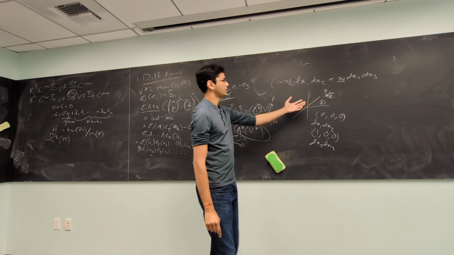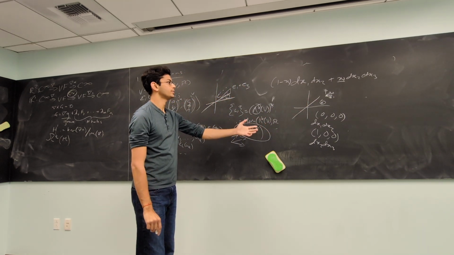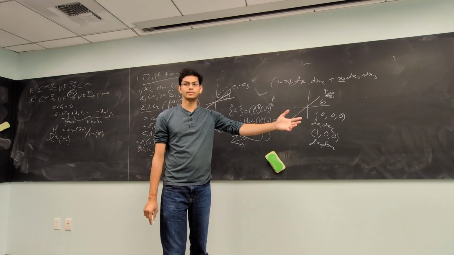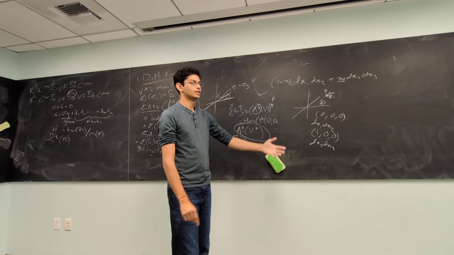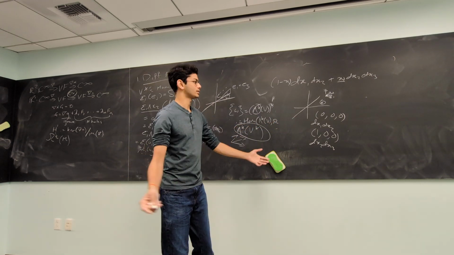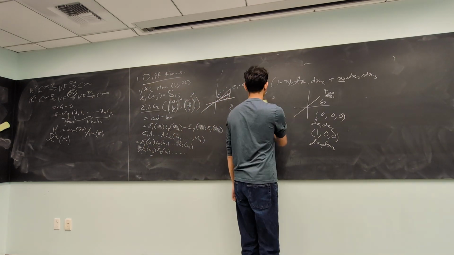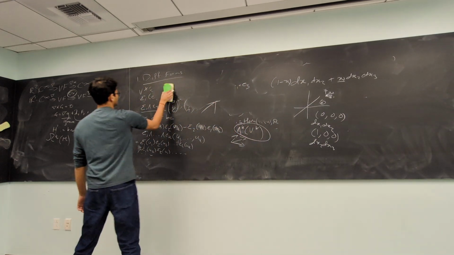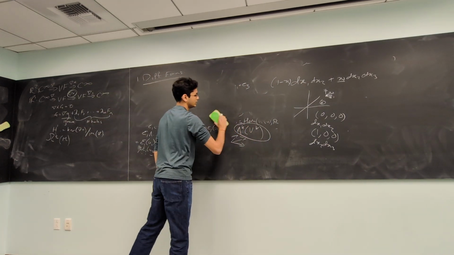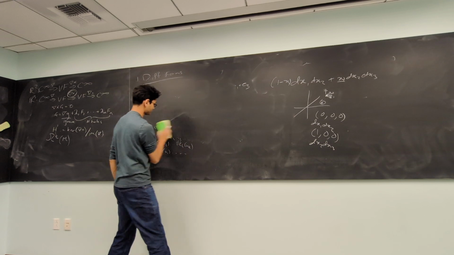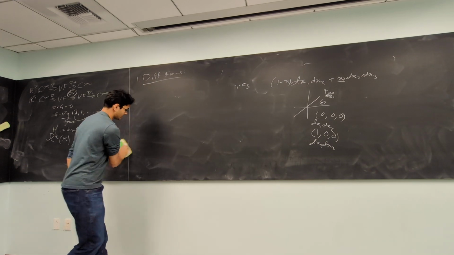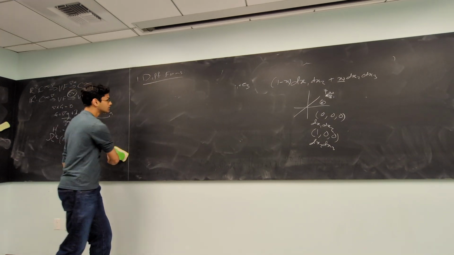So what is this guy? Why is it useful? Well, as you may imagine, it's useful because you can integrate them, because it looks like the things that you integrate. So let me talk a little bit about how you integrate things. A k-form you can integrate over a k-dimensional submanifold. And the way you do that is as follows.